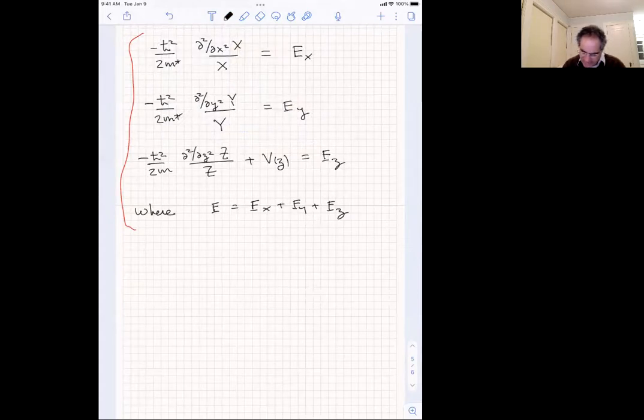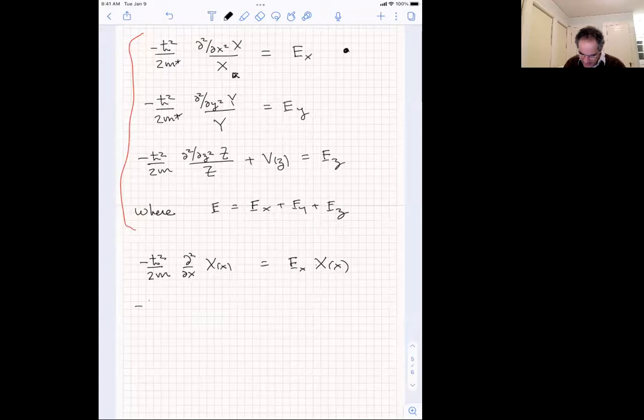So now on the first equation, we're going to multiply both sides by the x function. And when we do that, we'll get minus h bar squared over 2m times second derivative with respect to x of the x function is equal to the energy, Ex, times the x function again.